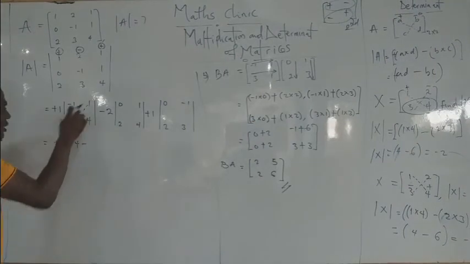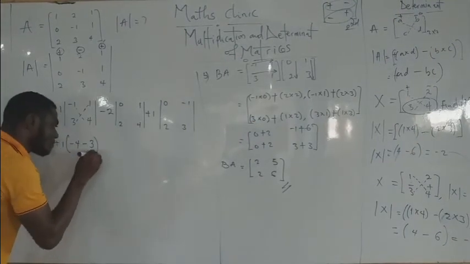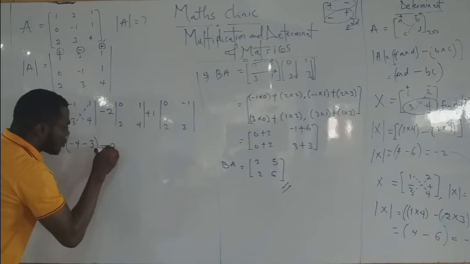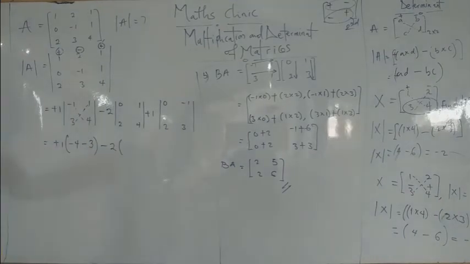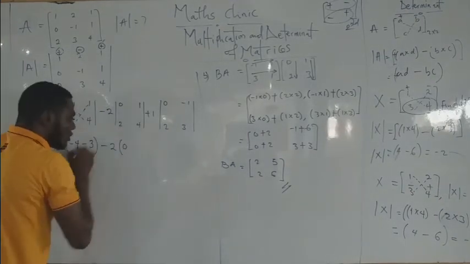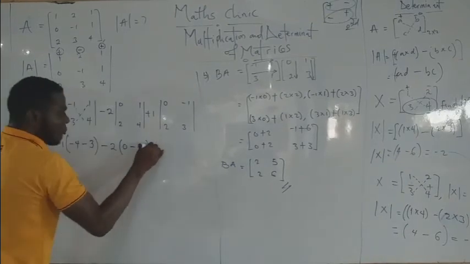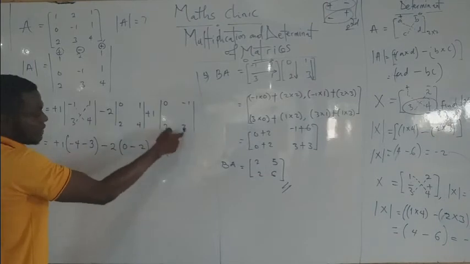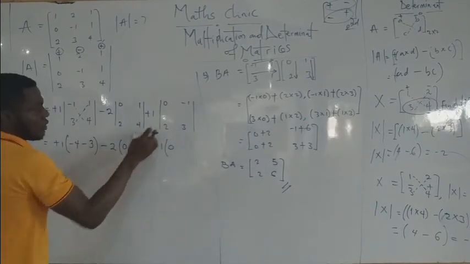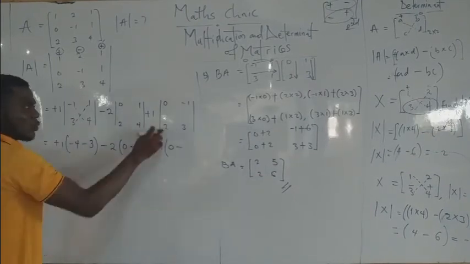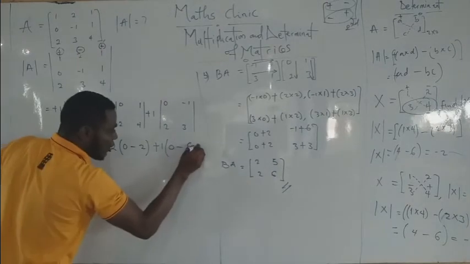Minus 1 times 3, 3. Minus 2 into bracket: 0 times 4, 0. 2 times this, minus 2. Plus 1: 0 times this, 0.